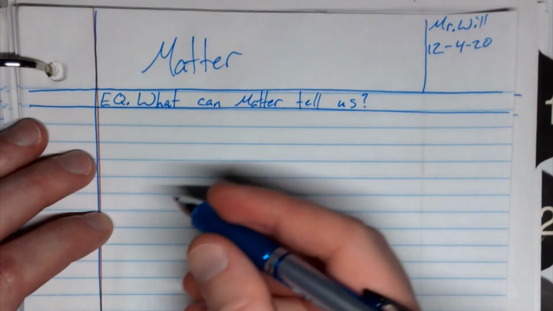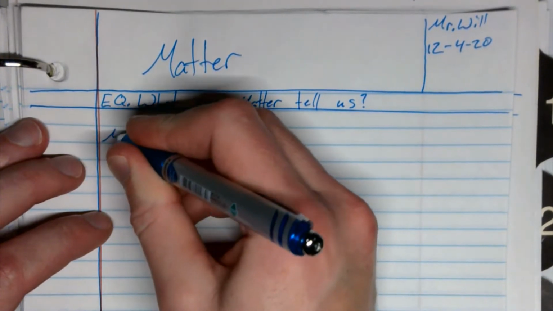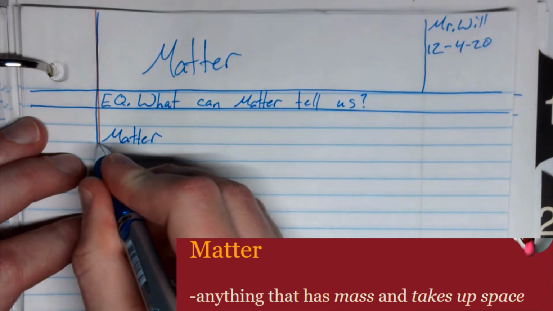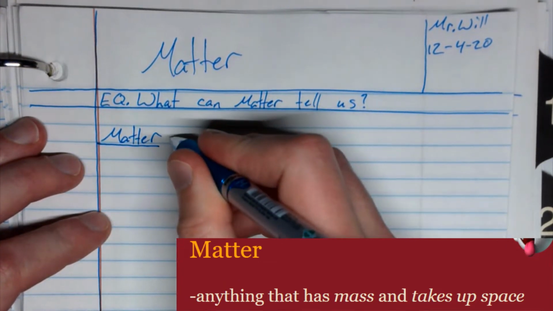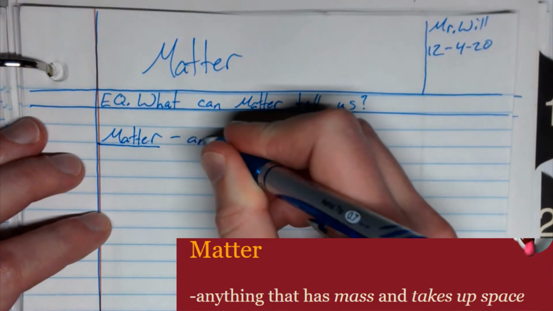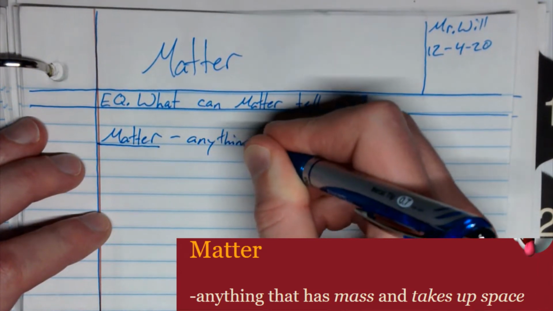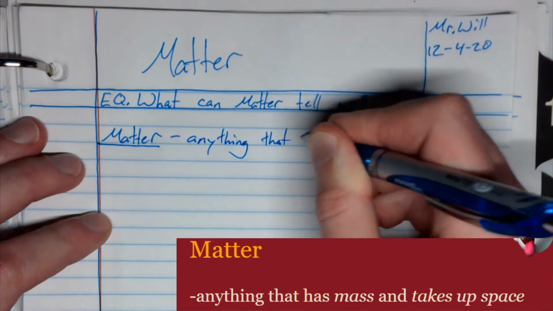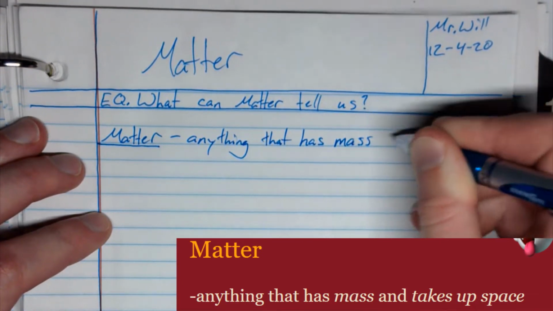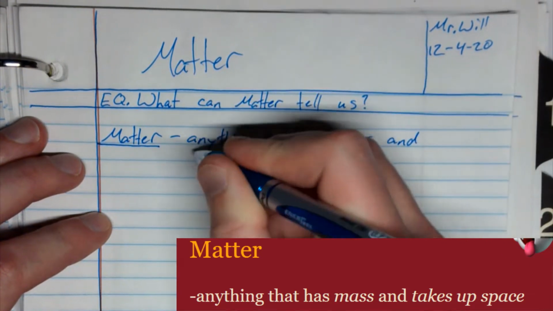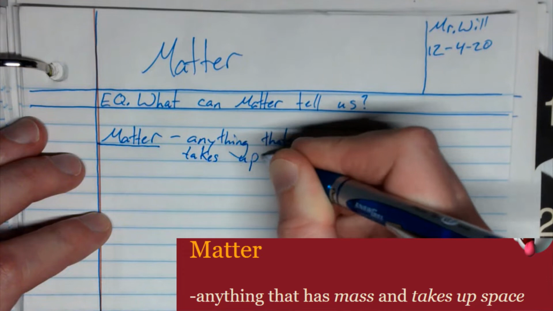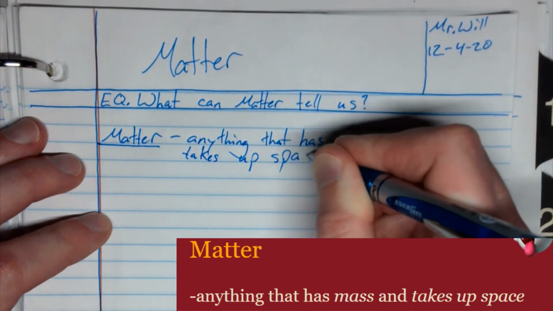And we've had this before. We've had this word, matter. We actually had it last unit, and we've had it a unit before that as well. We might have it in the next unit as well. This is anything that has mass and takes up space.